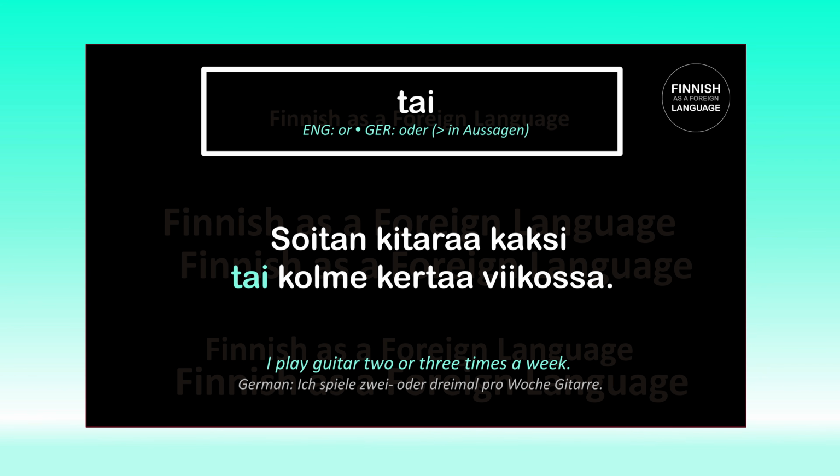So 2 tai 3 kertaa viikossa means 2 or 3 times a week. So here our conjunction is tai, and we use tai here because we have a statement. Soitan gitaraa 2 tai 3 kertaa viikossa. I play guitar 2 or 3 times a week.